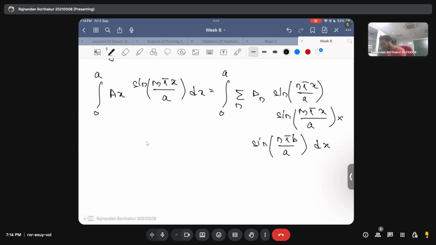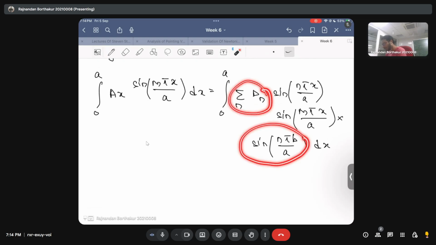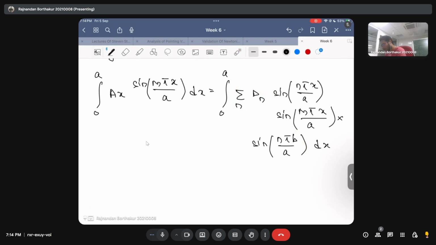Now the good thing is these dn's are not a function of x, and neither is this hyperbolic term.